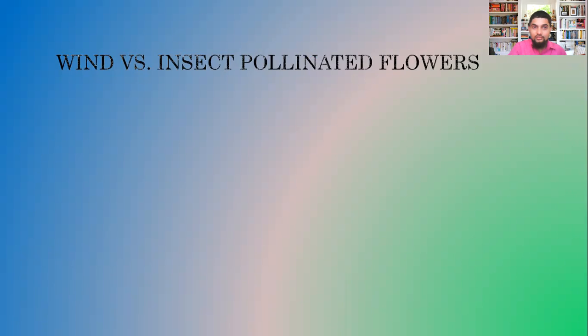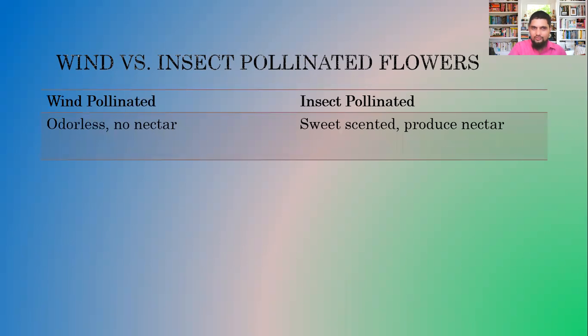Now we're going to look at some of the differences between a wind-pollinated flower and an insect-pollinated flower. So wind-pollinated flowers are odorless. And this makes sense. They would not invest energy into producing scents when they do not need them, because they rely on wind to move their pollen grains from one location to another.